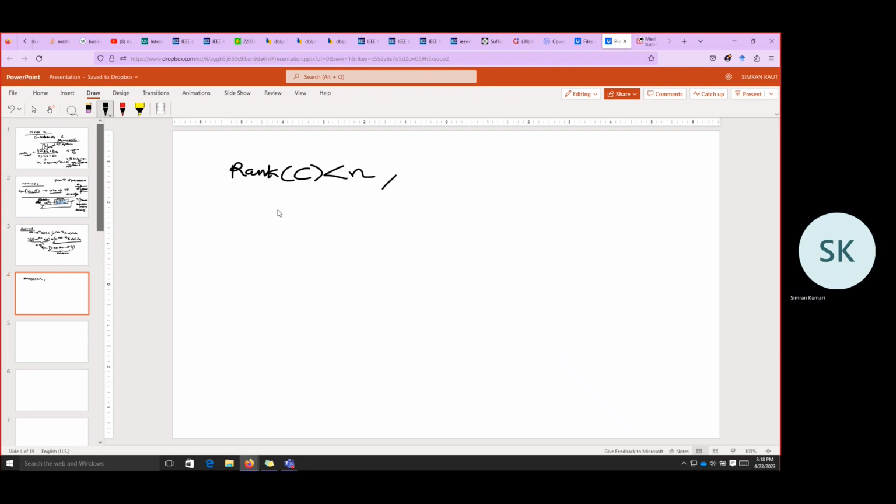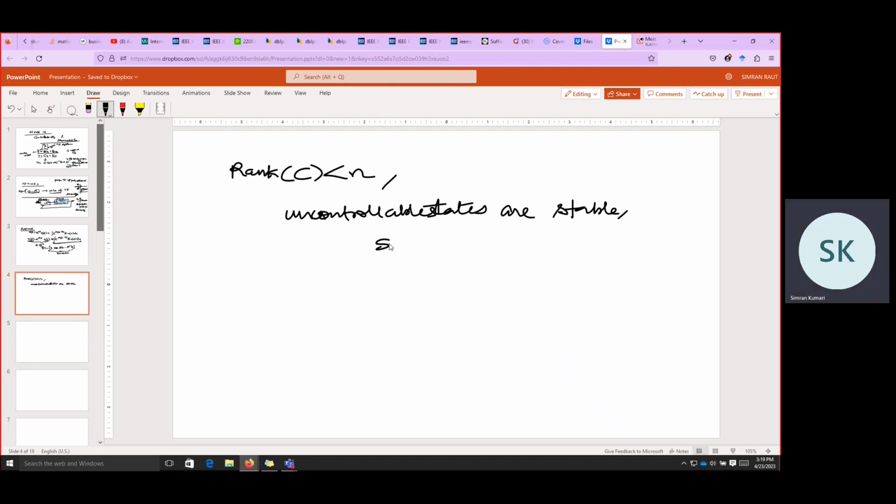So if the uncontrollable poles, the uncontrollable states which are not affected by input, are stable, then we say that the system is stabilizable.